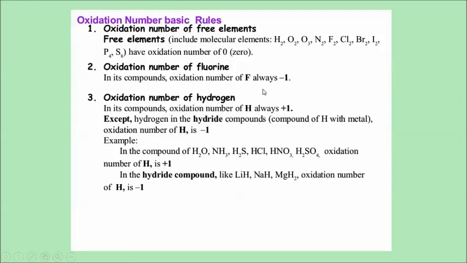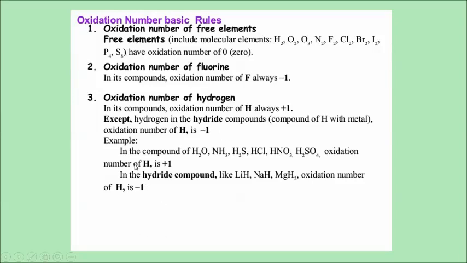The other case is fluorine. Fluorine will always have a -1 oxidation state. In compounds like oxygen fluoride, where fluorine comes with another element, fluorine exhibits a -1 oxidation state. Then hydrogen always exhibits a +1 oxidation state, but in the case of hydrides, it exhibits a -1 oxidation state.